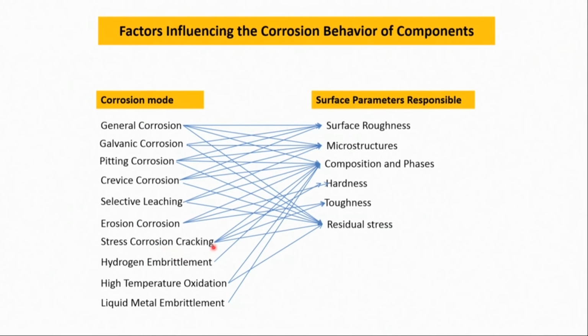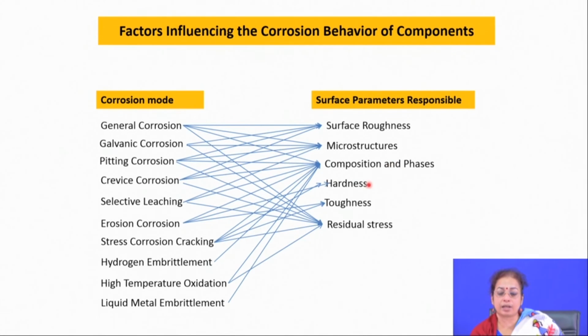If you quickly go through the surface parameters which control the corrosion kinetics, they are surface roughness, microstructure, composition and phases, hardness, toughness and residual stress. Now think of the effect of all these parameters on the general corrosion rate.